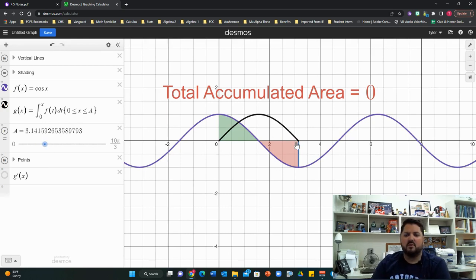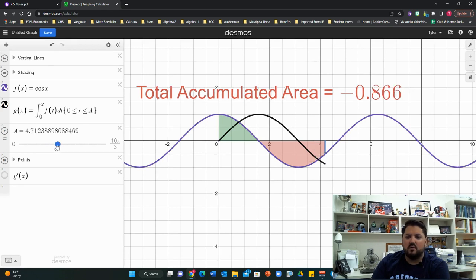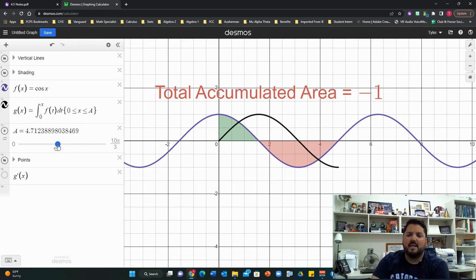That's why the g of x curve now has an x-intercept. So we're going to subtract more from that total because I'm including more and more negative area until I get to 3 pi over 2. At that point, I've included all of the negative area for that big hump down there. So the total area is at its minimum. I was decreasing that whole time. I reached that minimum. I bottomed out.